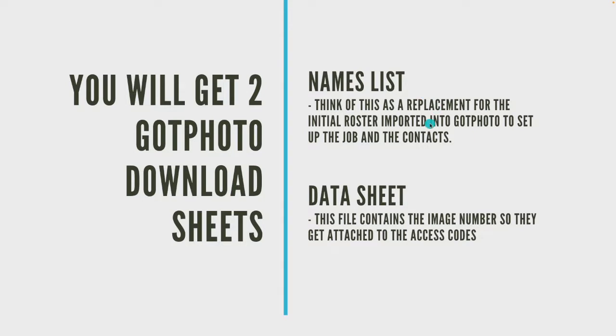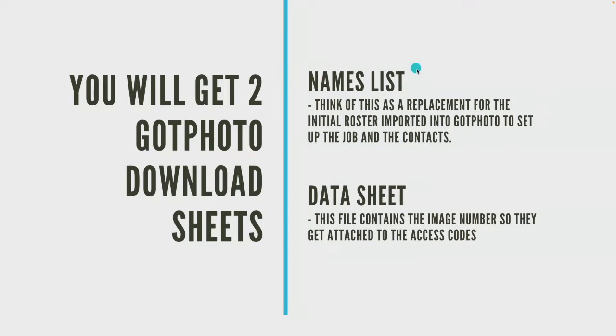So it's basically just a roster. It's got the kids' names on it, the parent contact information, the parent name, and the access code, which in this instance, because the job originates in NextGen, will be our barcode number that we're using as the access code.